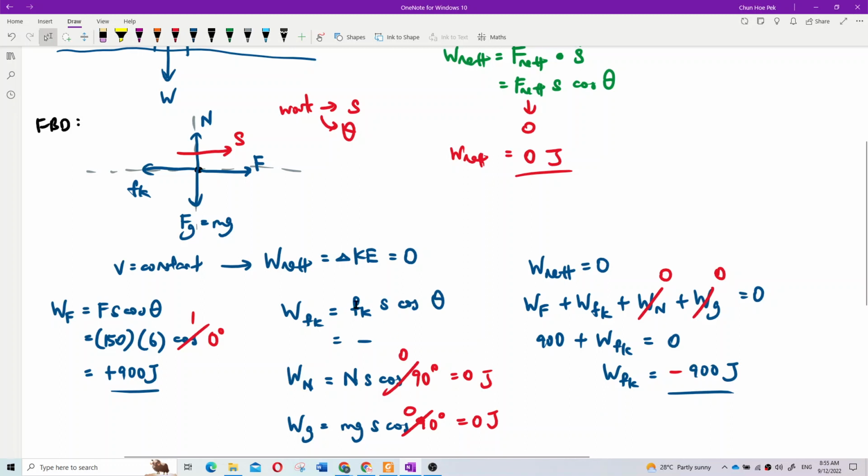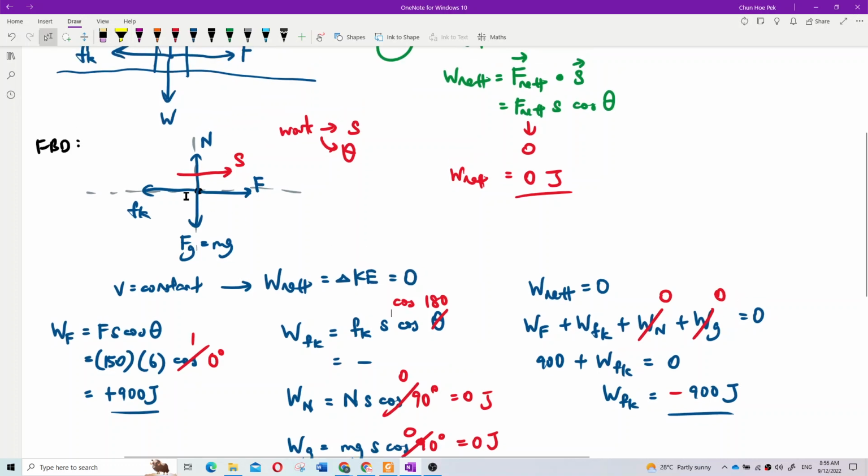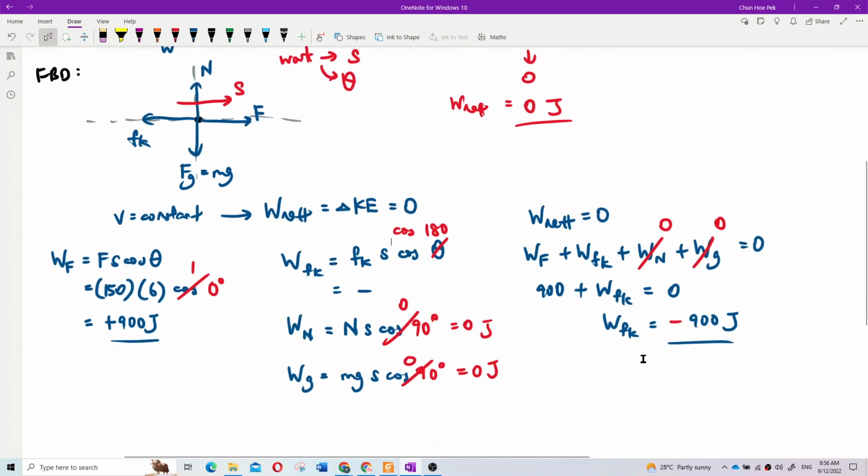If you want to find the frictional force, later you equate Fs, friction times S cos theta, equal to negative 900. Then you can find the frictional force. This theta is cos 180, because the friction and displacement are in opposite directions. Understand, class?